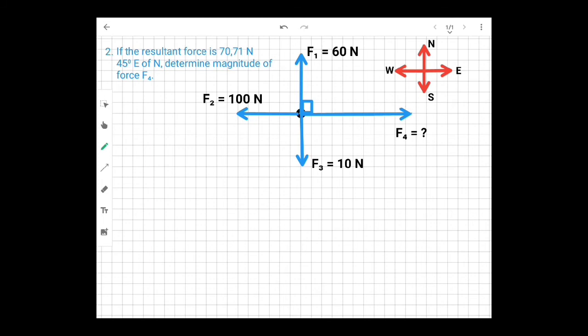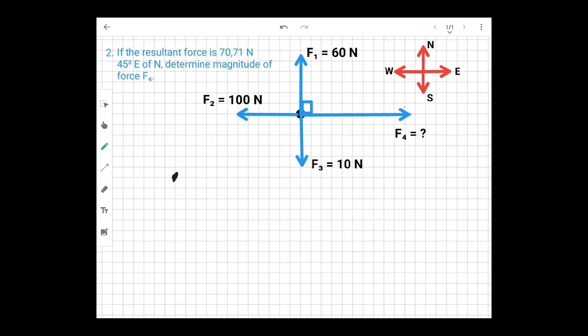So if I make a sketch there and I say that is my north, make that the east, this force is actually going like that, right? And then they say it's 45 degrees, so this is 45, which means this angle again is going to be 45.